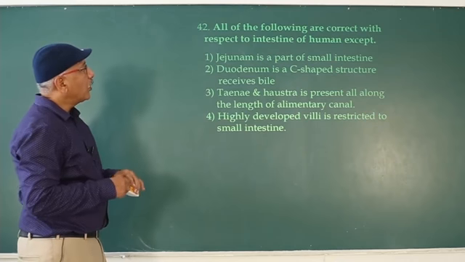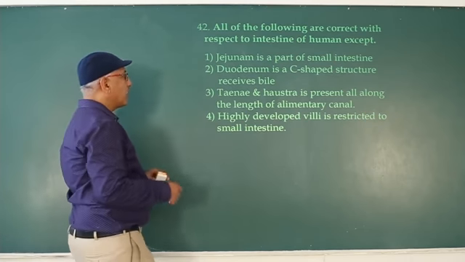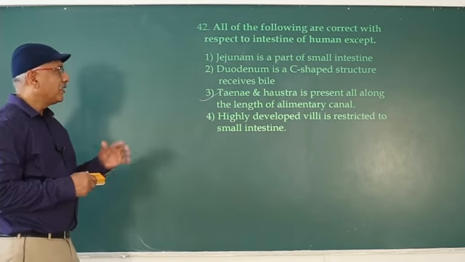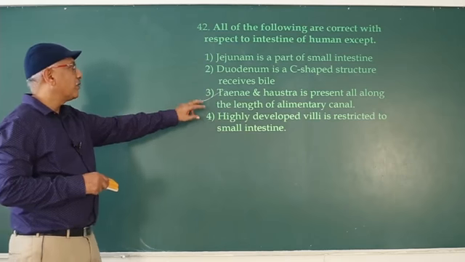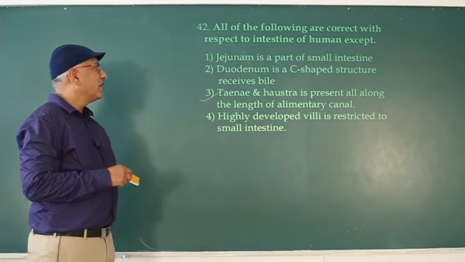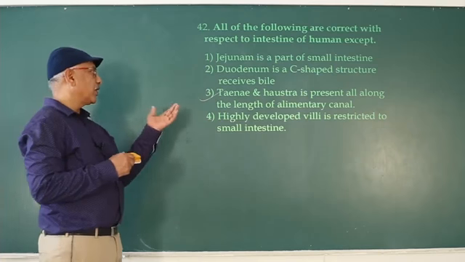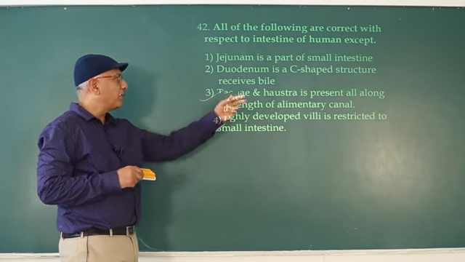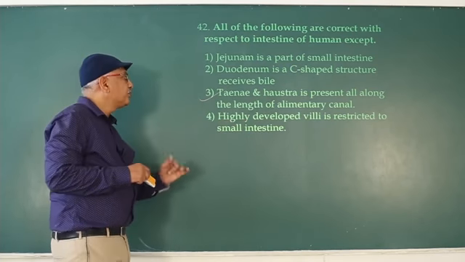Highly developed villi are restricted to the small intestine, also correct. The wrong statement is 3. Taeniae are the longitudinal muscles present in the colon, and haustra are sac-like structures with a beaded appearance, present only in the colon.